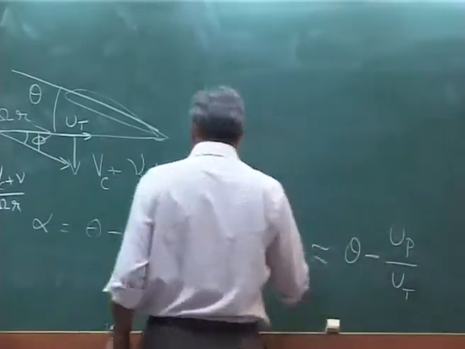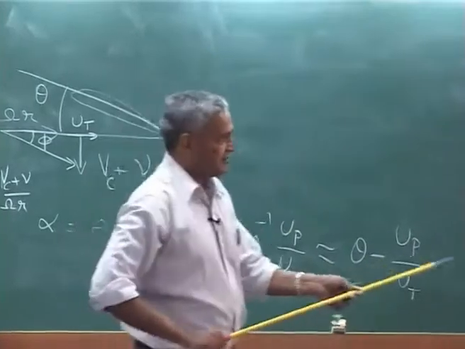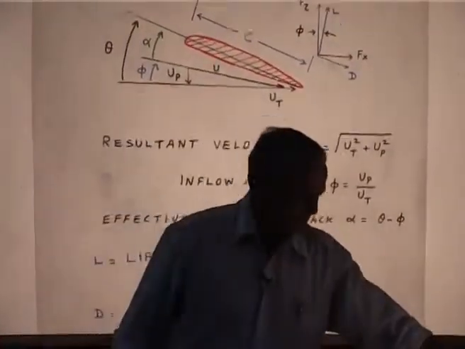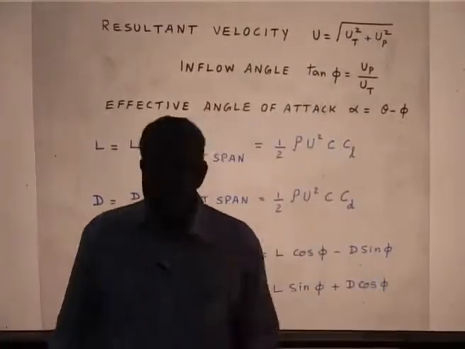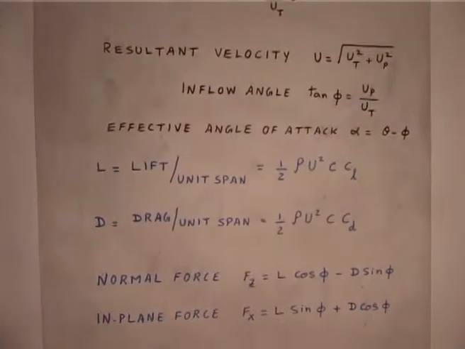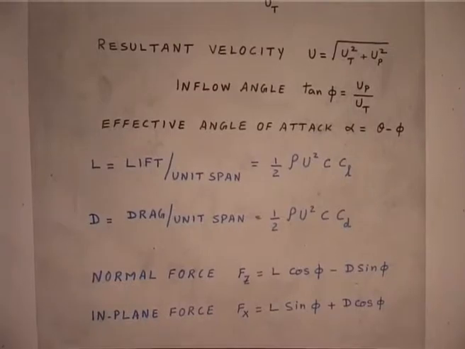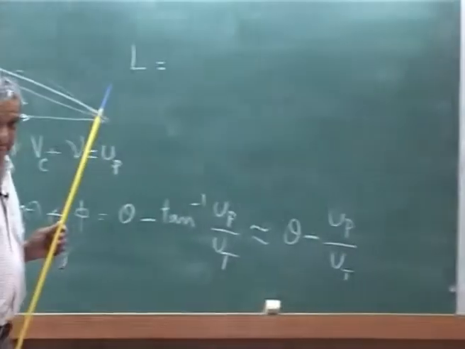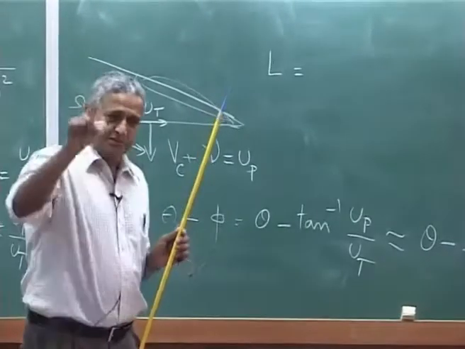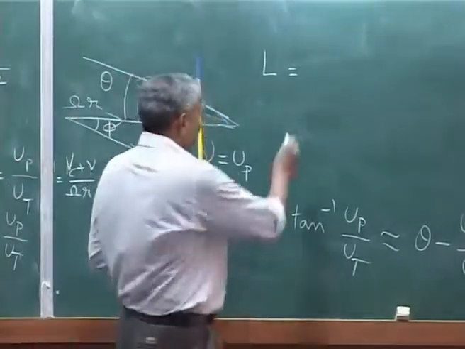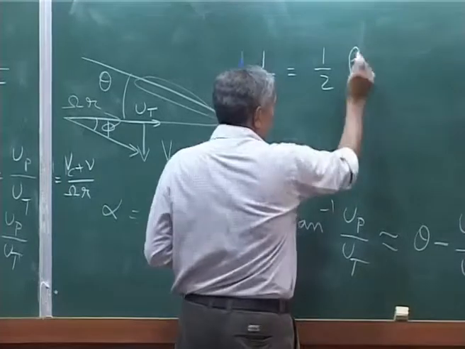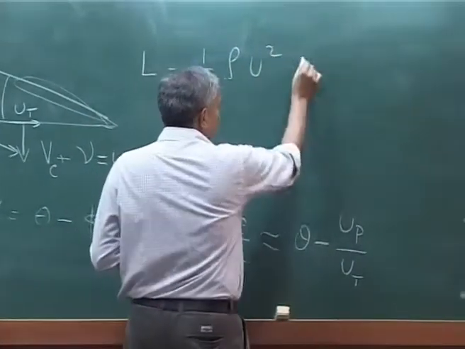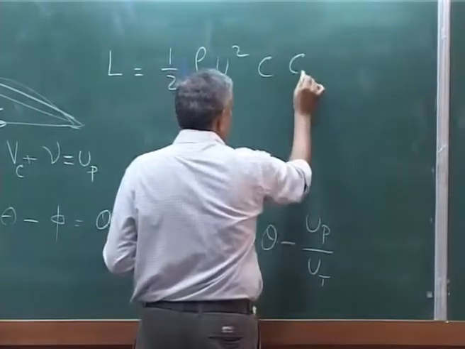okay, and I can write the lift per unit span, okay, straight from your aerodynamics. Lift per unit span is lift per unit span, please understand. Otherwise, over a small element you put a dr. You will have half rho u square c and CL.